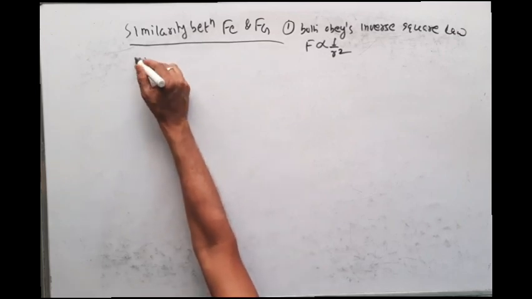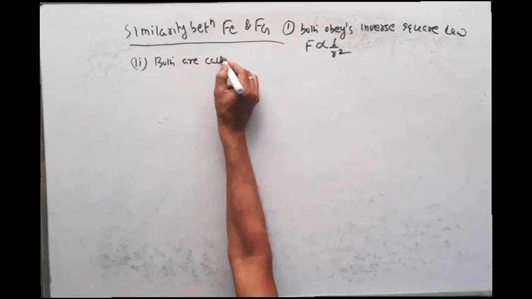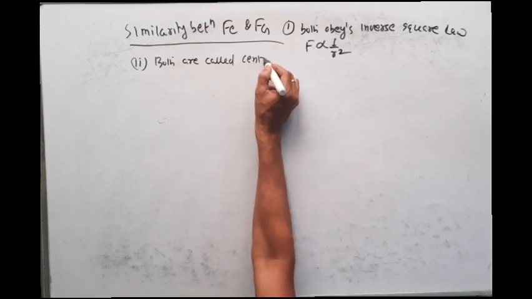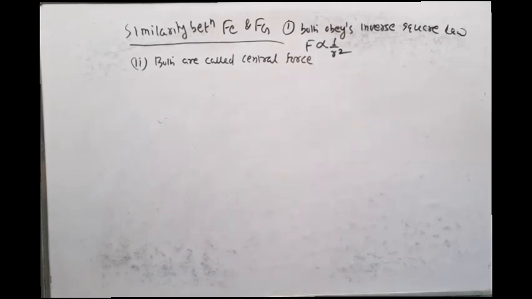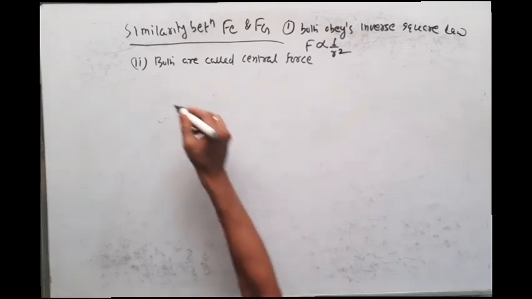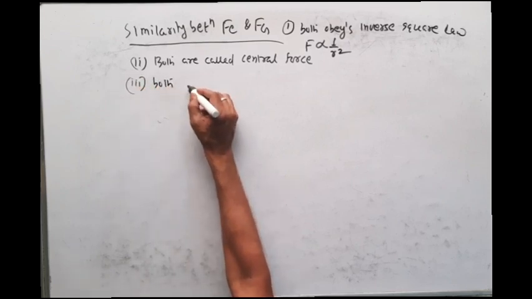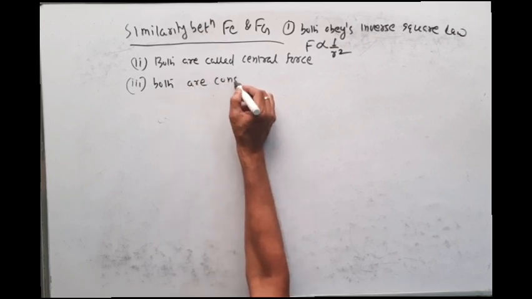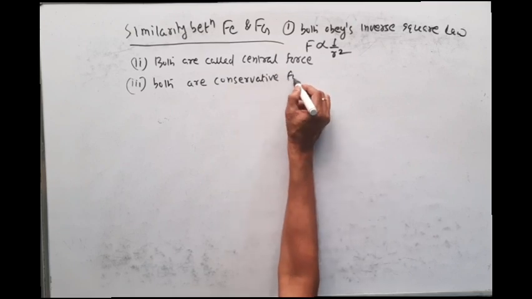Second similarity is that both are central force. That means the force lies along the line joining the centers of the two bodies. And both are conservative forces.